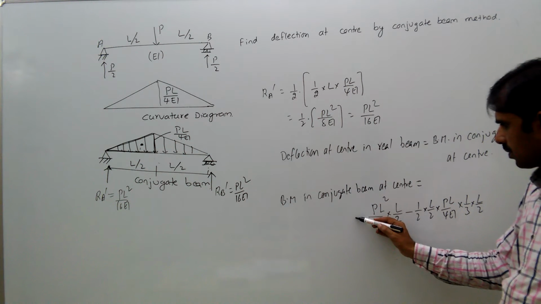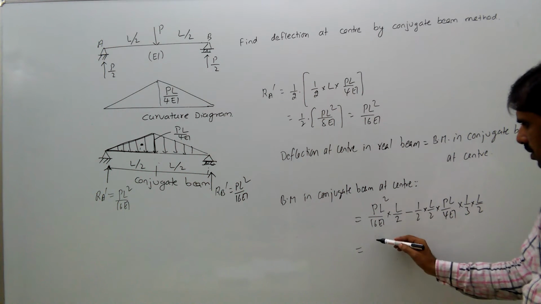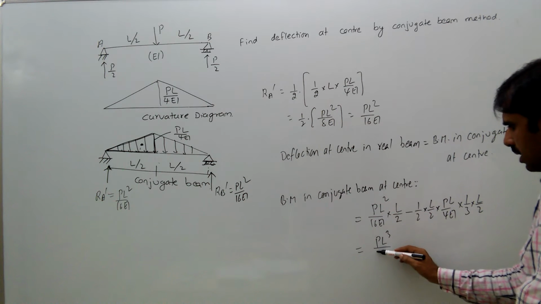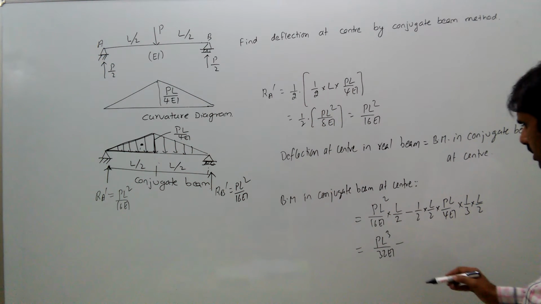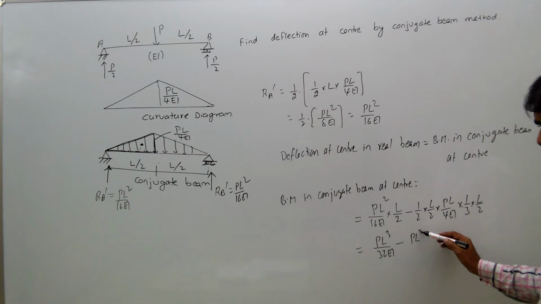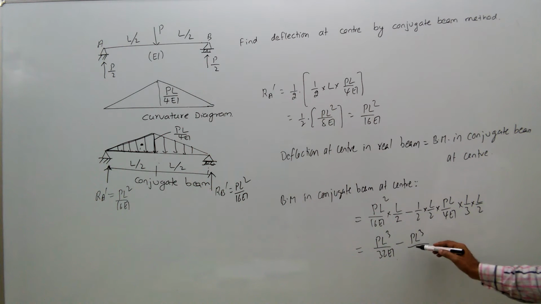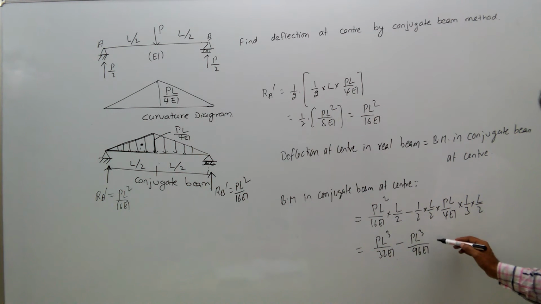So that equals PL cube by 32EI minus PL cube by 2 into 2 is 4, 4 into 4 is 16, 16 into 6 is 96 EI. That equals, 96 is the LCM, 3 minus 1 is 2, 2 by 96 is 1 by 48, that is PL cube by 48EI. This is the bending moment in the conjugate beam at center.